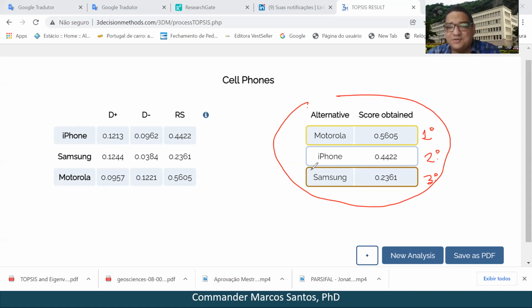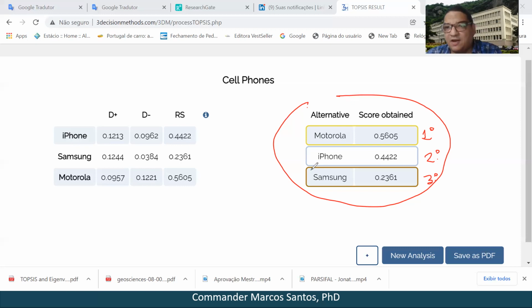Now I am analyzing a decision matrix with 3 rows and 4 columns, and I spent less than 5 minutes to calculate. And I can calculate even if I don't know any math, any expression.